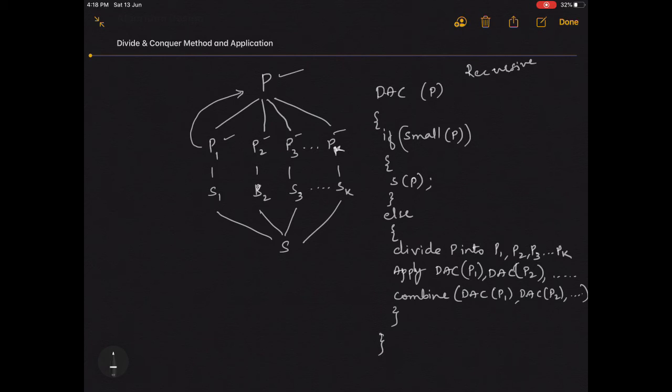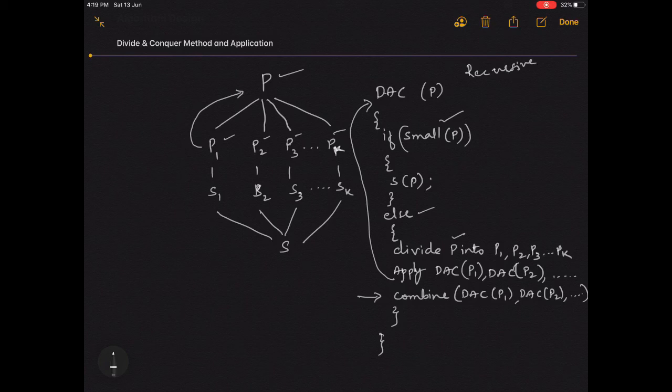So we'll take a problem P, and if the problem P is small, then you simply give the solution of it. If it is not small, then you divide P into sub problems P1, P2, P3 and so on up to Pk, and then apply divide and conquer method. Since it is recursive, you are calling back the same function. Once you apply divide and conquer method, you will get the solutions, and those solutions you have to combine back. Once you combine them back, you will get a bigger solution, and that is the end of it.